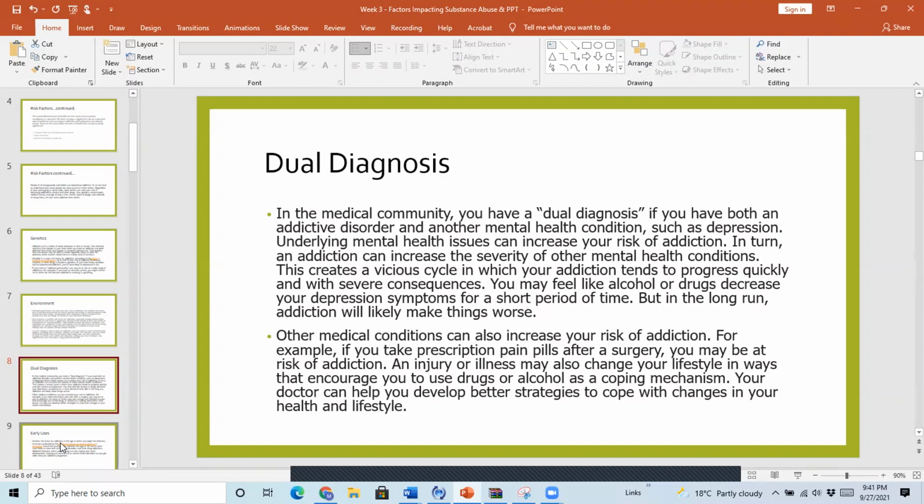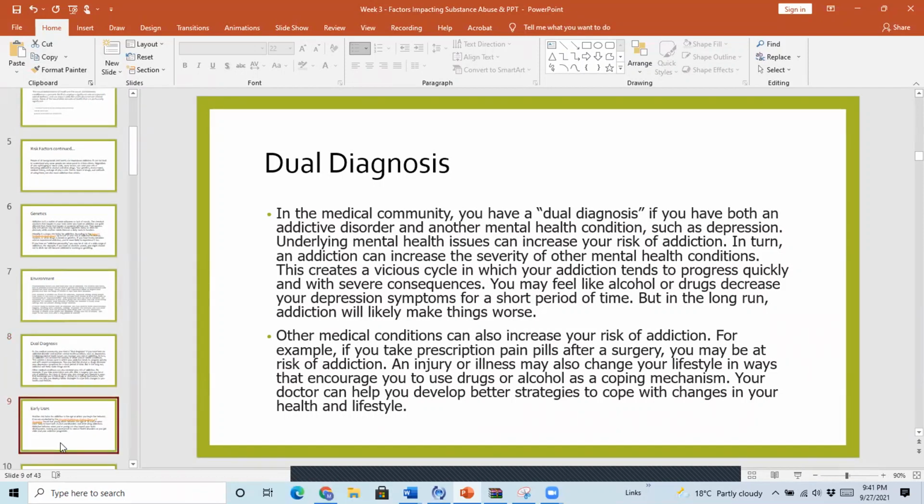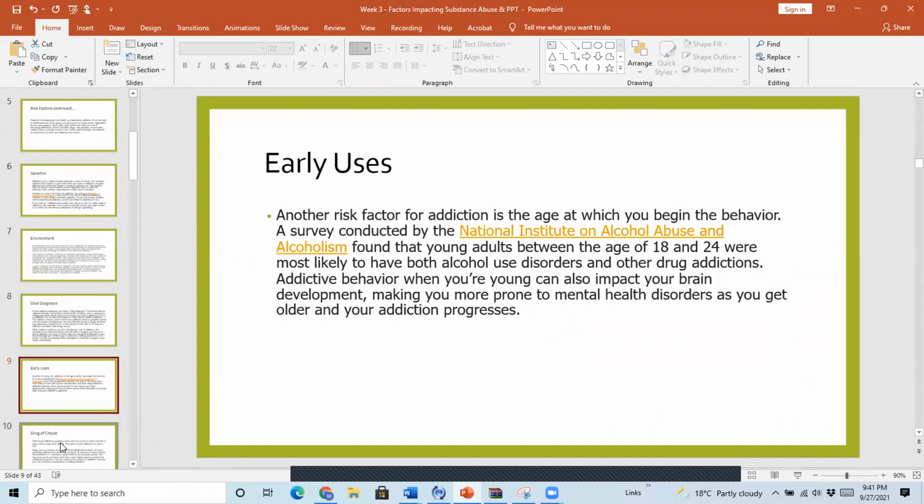Now, other medical conditions can also increase your risk of addiction. For example, prescription pain pills after a surgery. Maybe you have an injury of some sort and drugs, alcohol, or whatnot becomes your coping mechanism. That also can lead to addictions. Now, there have been studies that suggest that young adults between the ages of 18 and 24 are more likely at that point to develop certain addictive behaviors.